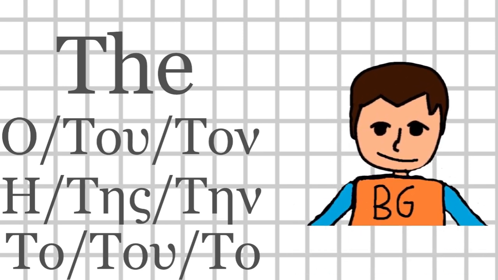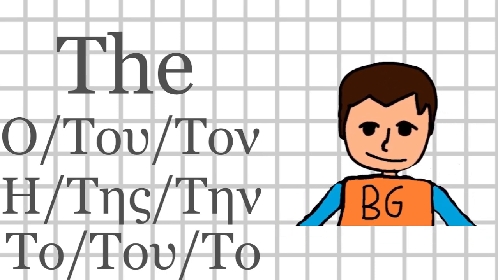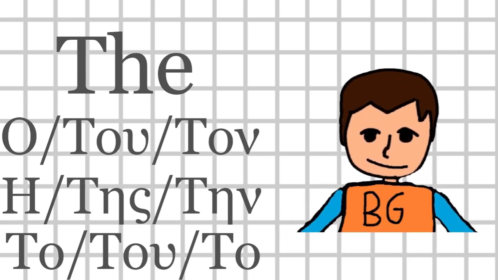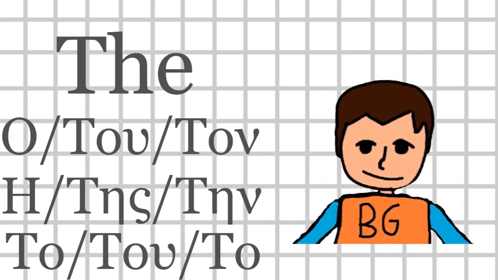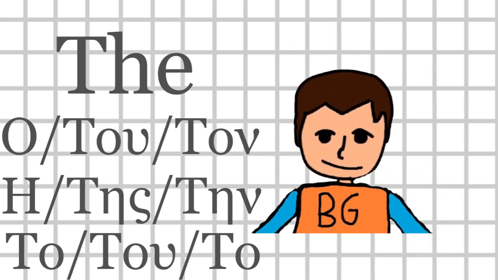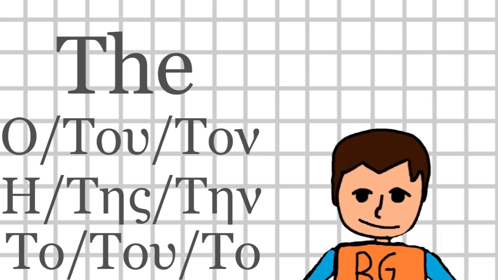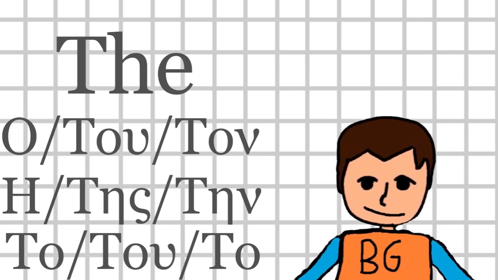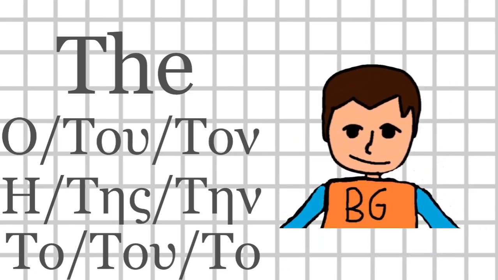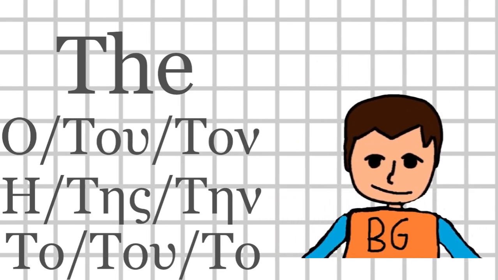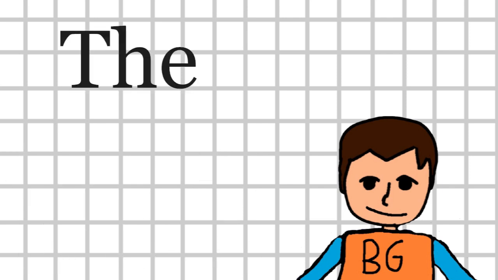And as you can see, we have this because a dog is a masculine noun, so we use ton because that's the accusative case, and this applies to this, which is the feminine, and to this, which is the neuter. So as you can see, the word the actually has a lot of different connotations. Now let's move on to something a bit different.